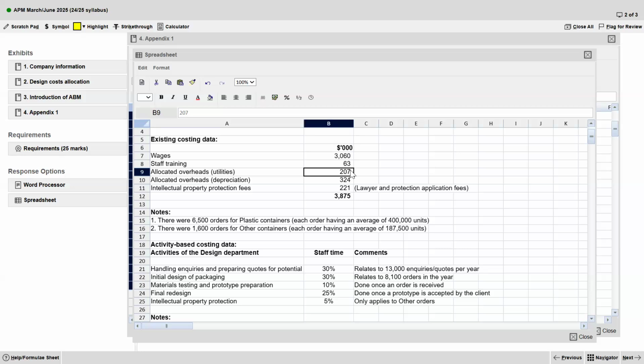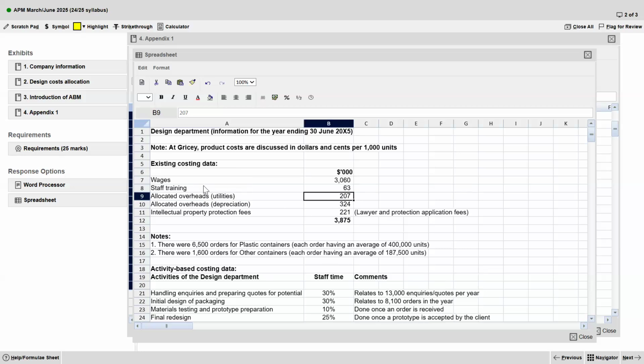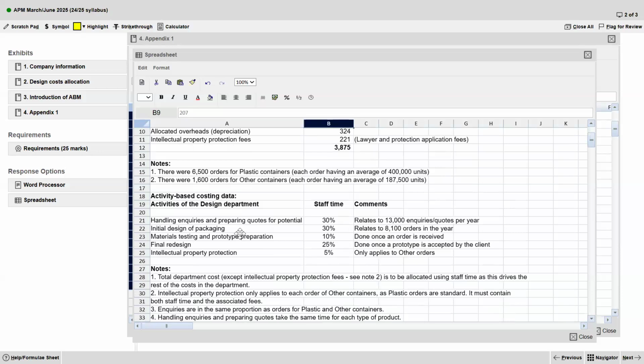So let's try to understand this. What do we have to do? We have to understand how we allocate these costs to the different activities. Wages, staff training and allocated overheads are there, so we need to see what cost is allocated where.